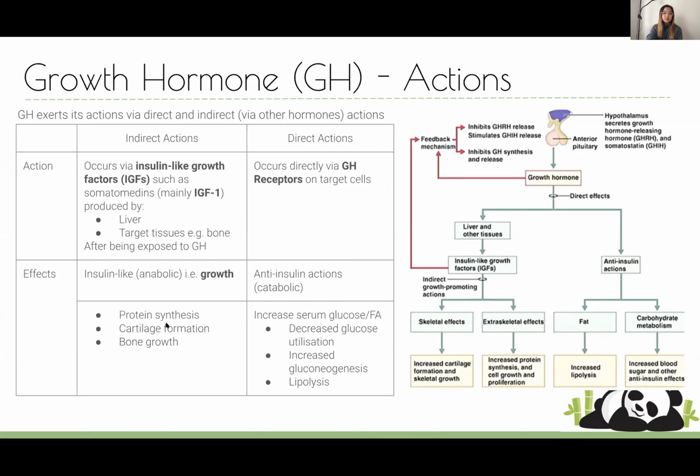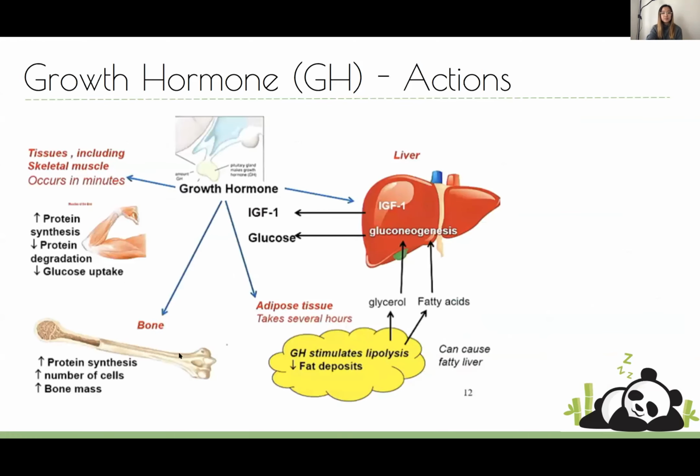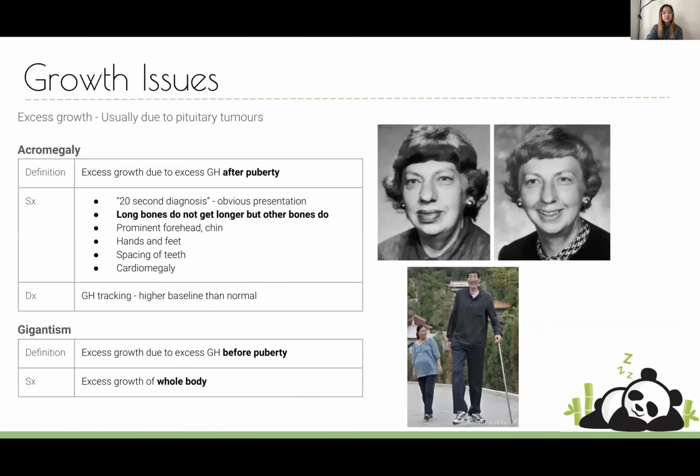So things like protein synthesis, cartilage formation, bone growth. So all in all, what does the growth hormone do? It essentially makes you grow. It causes you to gain more protein. It causes you to lose fat.